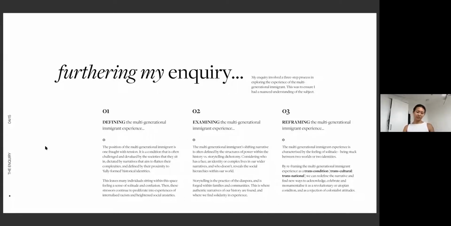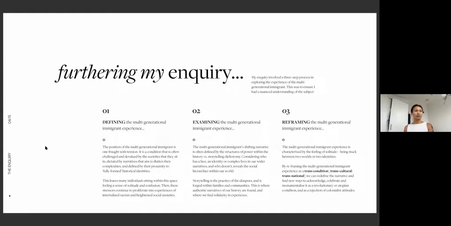The second part of the process was to examine why this position is fraught with so much tension. I was looking at the bigger forces surrounding this specific identity. I narrowed down to the narrative of the multi-generational immigrant, who's dictating it and who's defining it.